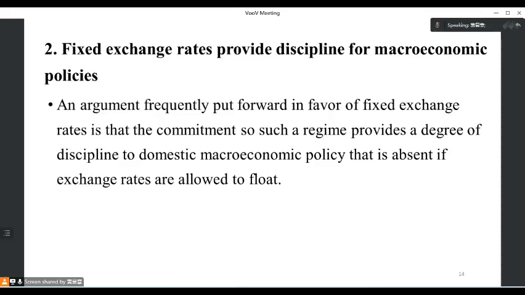This paragraph tells us that fixed exchange rate can give a discipline for macroeconomic policies.